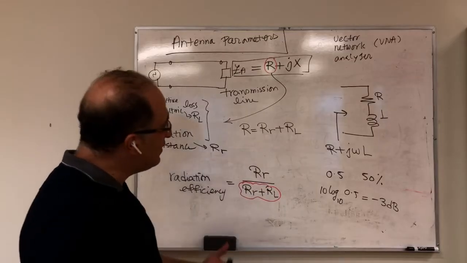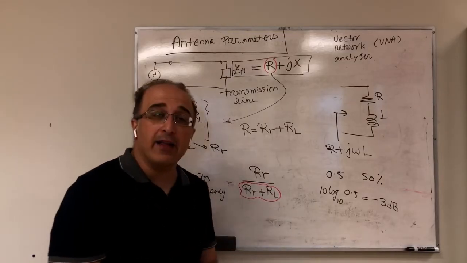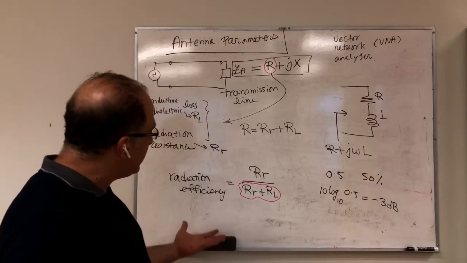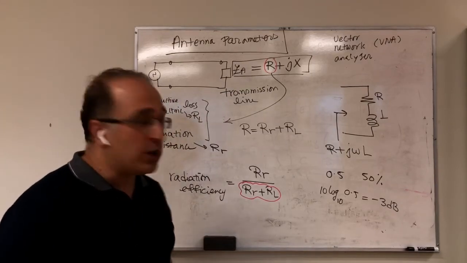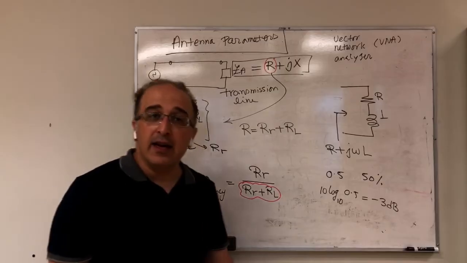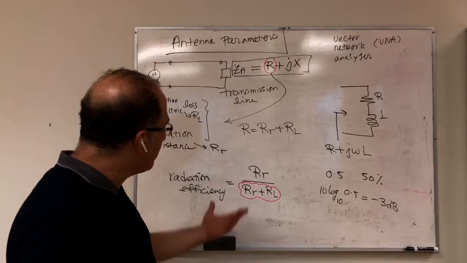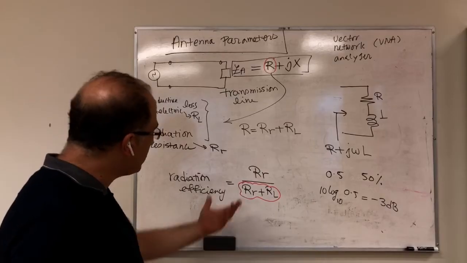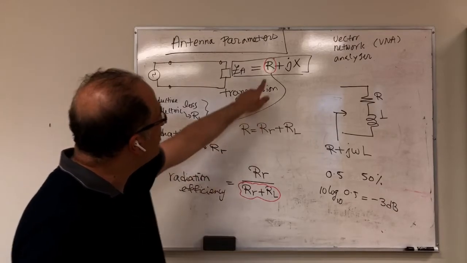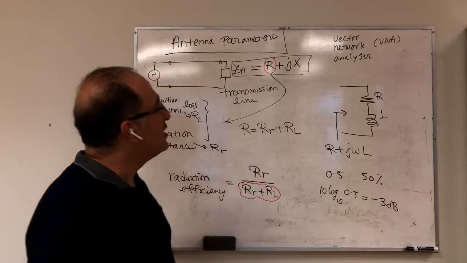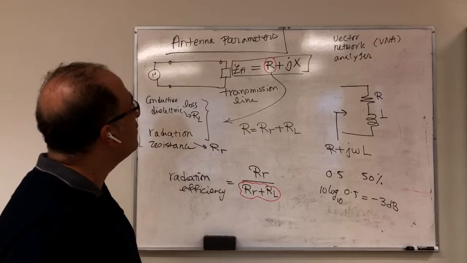So there are procedures to find that, but that's not very easy. So radiation efficiency in terms of the equation is easy, but in terms of measuring it, it's not very easy. There are methods to find it, but I just wanted you to know that having R is straightforward, not these two separately. So this is our R.